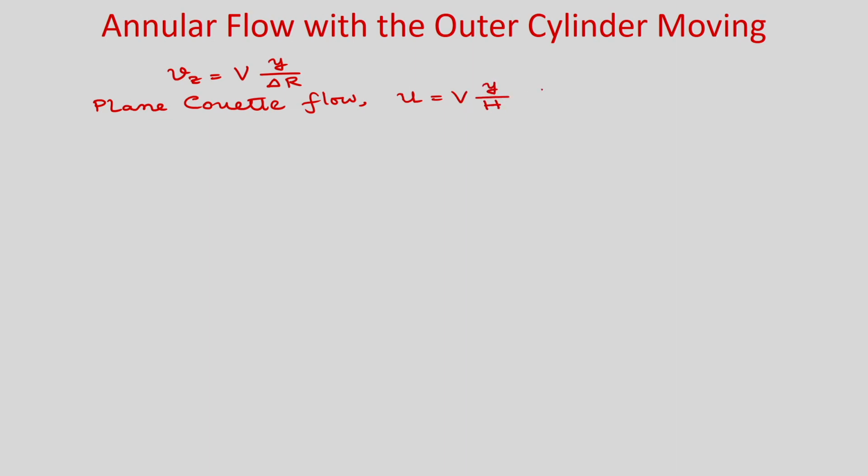So, h is the distance between two plates, so h is equivalent to delta r. Okay. So, we are getting the linear velocity profile. Okay.